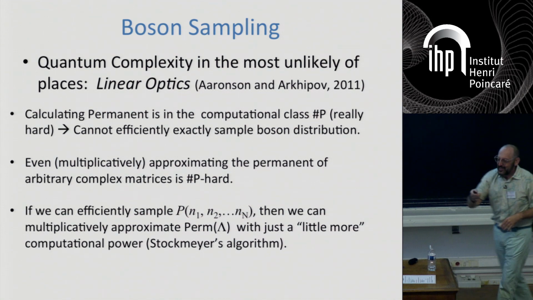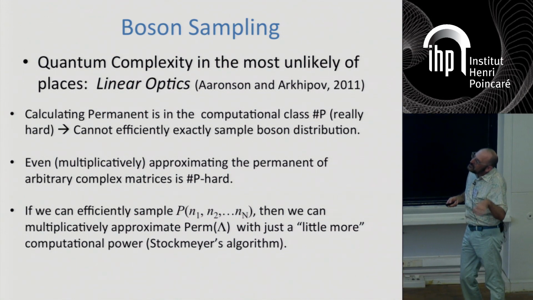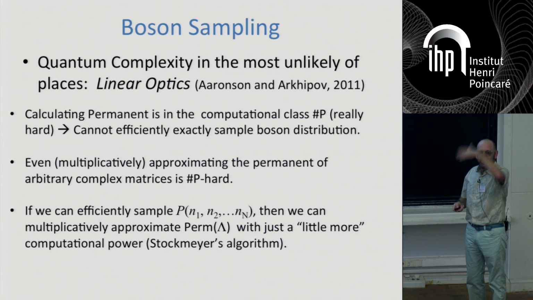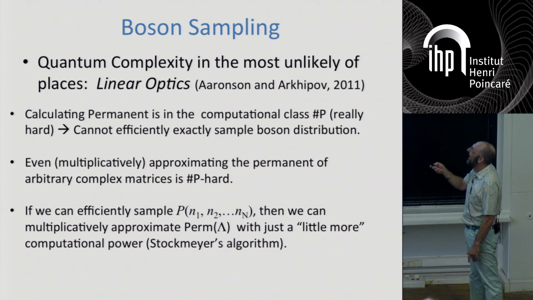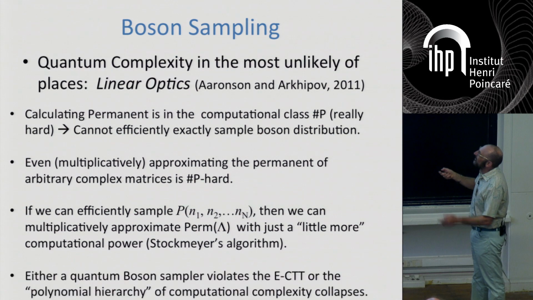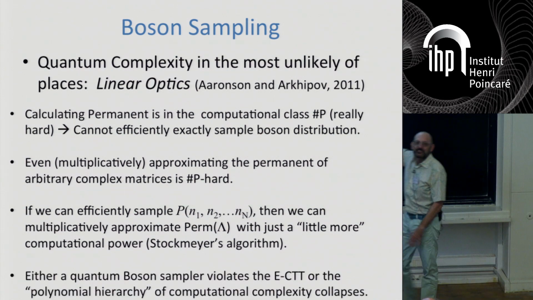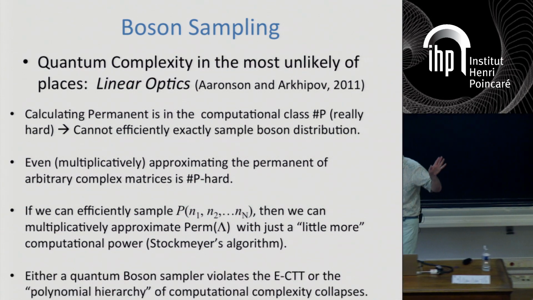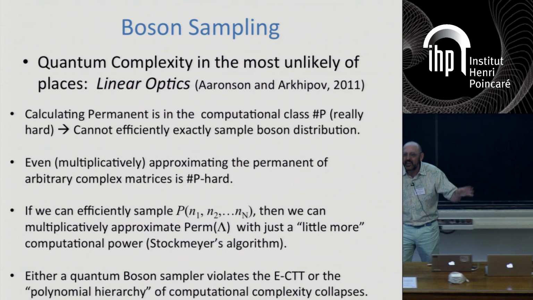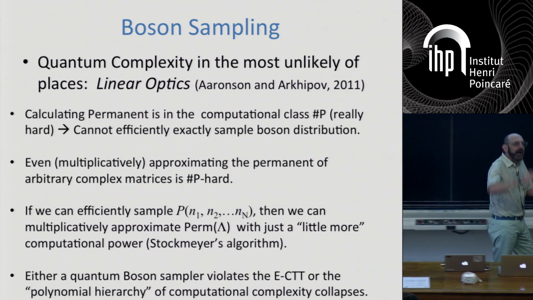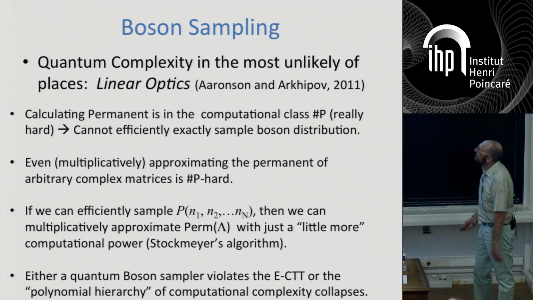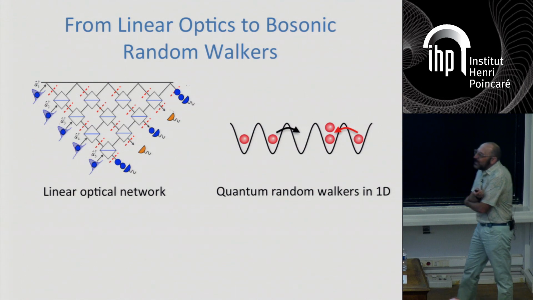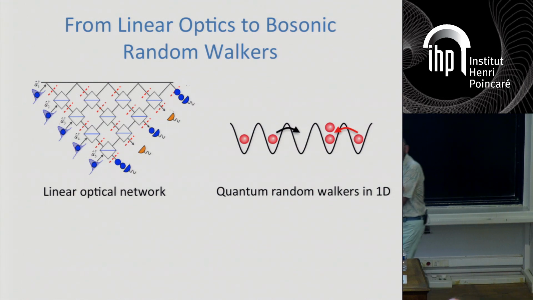It's not efficient, but not as hard as sharp P. And so the polynomial hierarchy would collapse to the 3rd level, we say. So this is the argument, for those of you who are interested, for why we say this is hard. It's about this hierarchy of complexities.